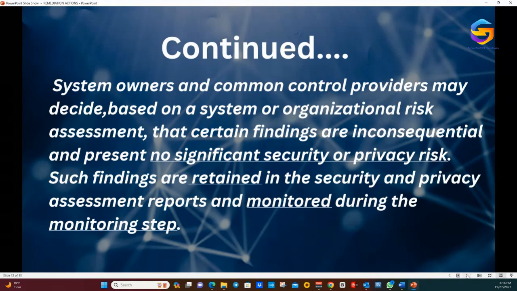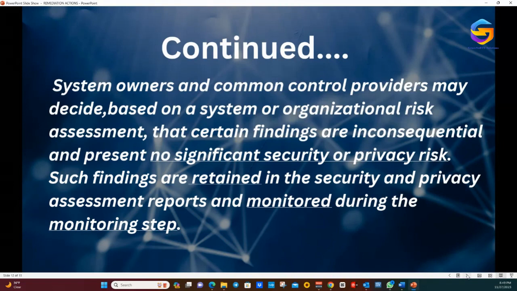This is very, very key. So basically, in summary, all that we are trying to say is that remediation actions are the actions that are taken immediately when we detect that certain controls are of a higher risk to the system.